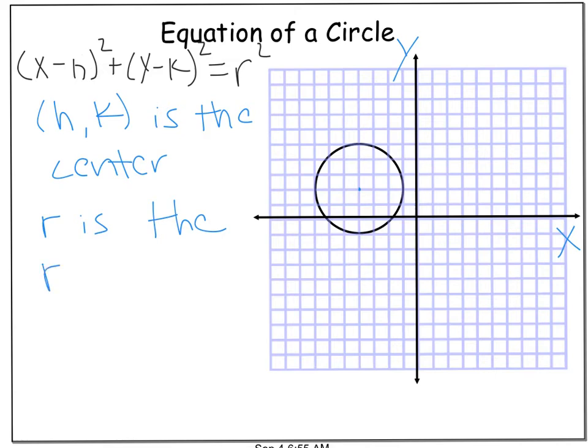r is the radius, and that is, again, a number we must know. Okay, if we don't, we're just out of luck. You know, the center tells us where the circle is, the radius will tell us how big it is, and the radius is right here.